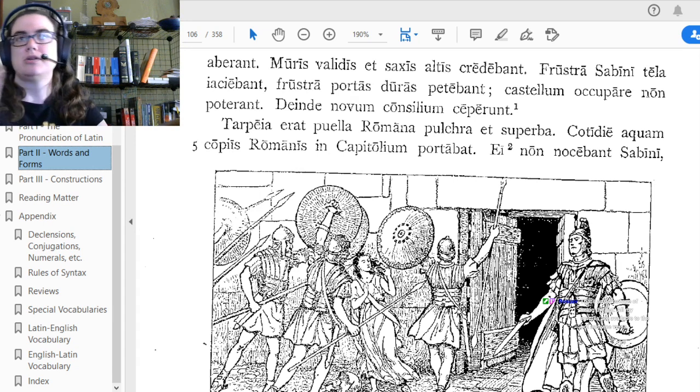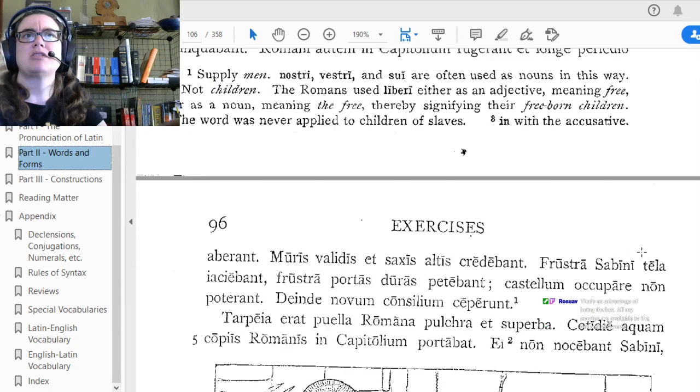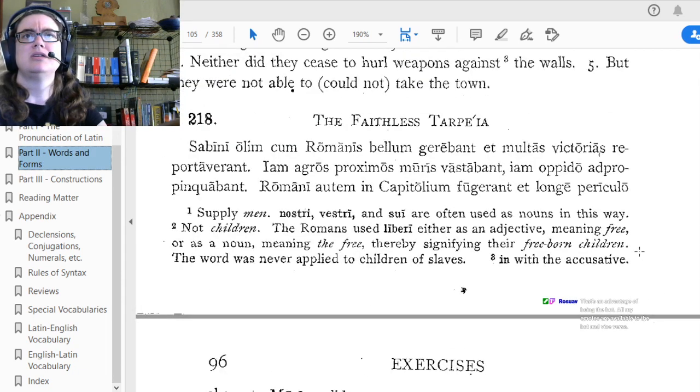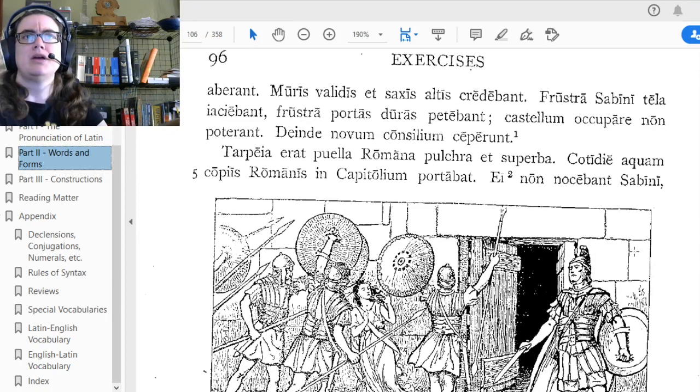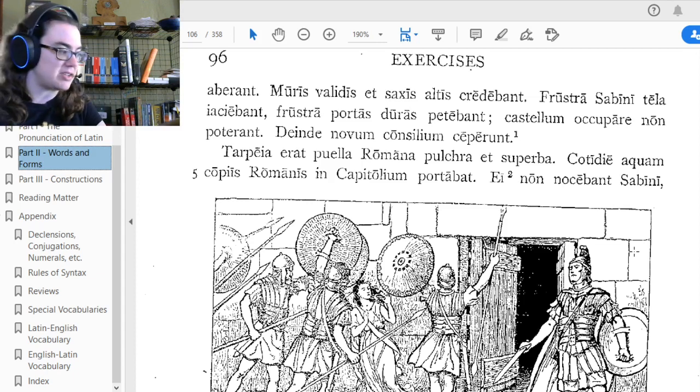So poterant, they were able. Do we have any other possums yet? No, not yet. All right. The perfect of possum is potui, and because it's Latin and everything in the perfect is regular, you just attach your regular perfect endings to it. Potui, potuisti, potuit, etc.